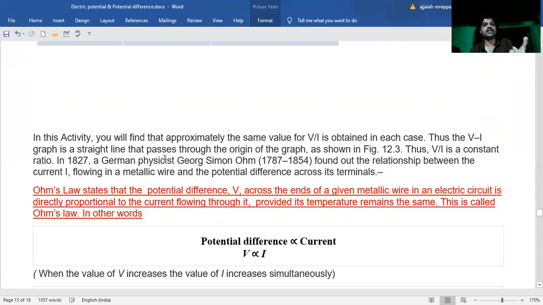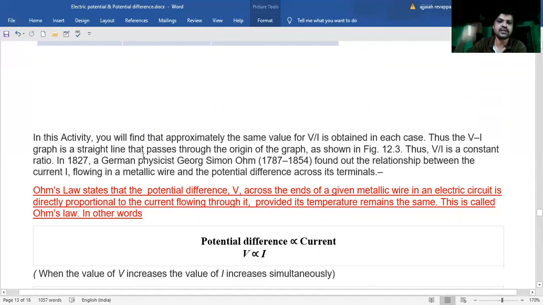By connecting different wires made out of different metals, he studied the relationship between the current and voltage. Each time he got the same relationship, that the potential difference is directly proportional to the current. As we increase the potential difference, the current also increases by the same amount.